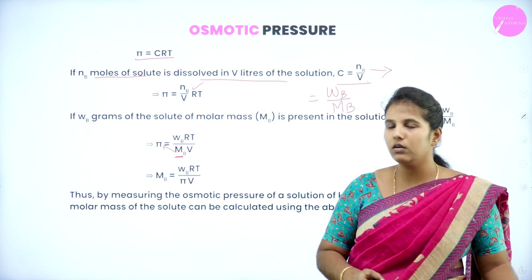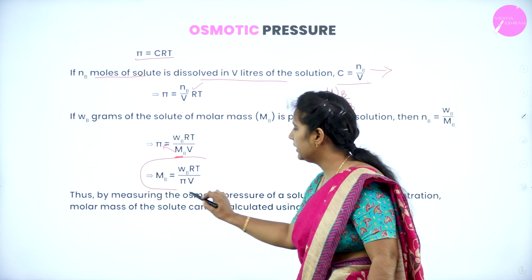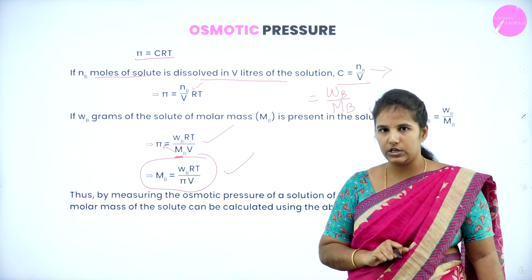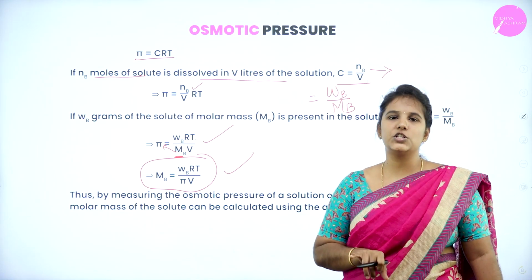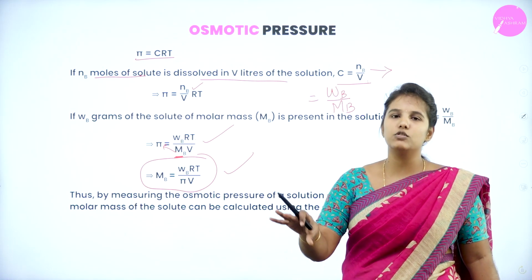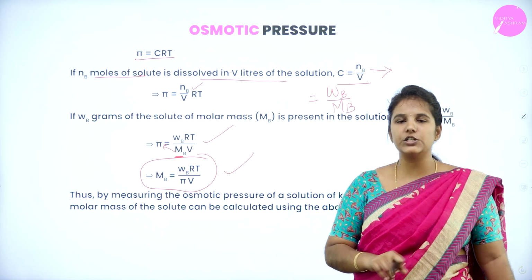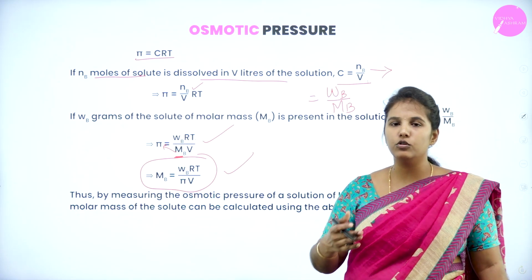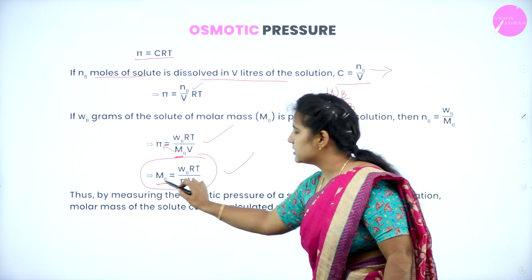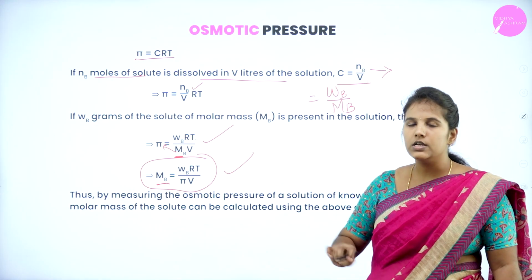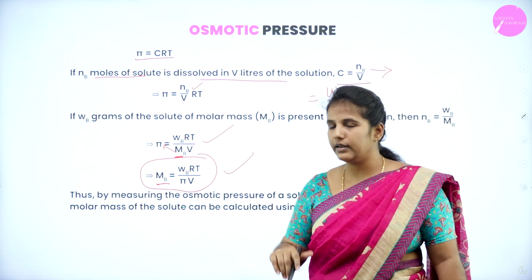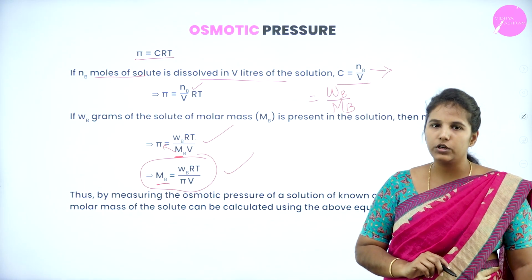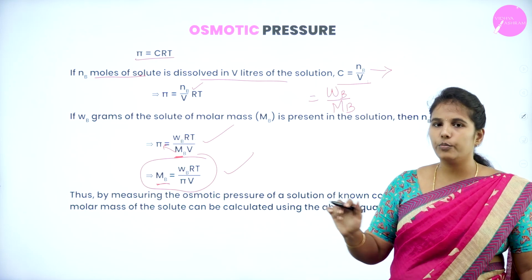This is how the molar mass of the solute can be calculated using the osmotic pressure equation, as we obtained in elevation in boiling point, depression in freezing point, and relative lowering of vapor pressure. Like this, in osmotic pressure also, we can calculate the molecular mass of the solute. Understood? So this is the final equation to calculate the molar mass of the solute by using the osmotic pressure equation. Hope you all understood.